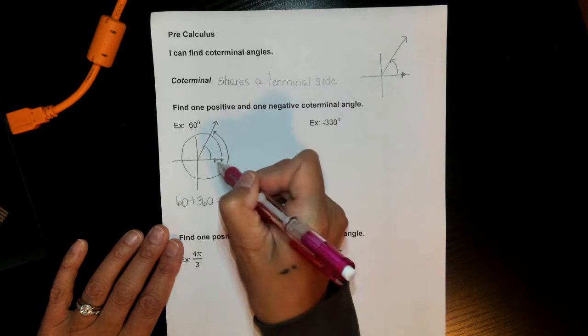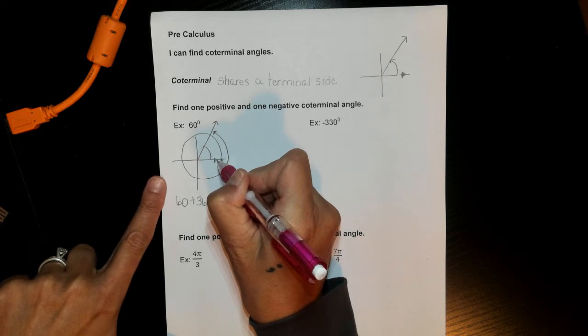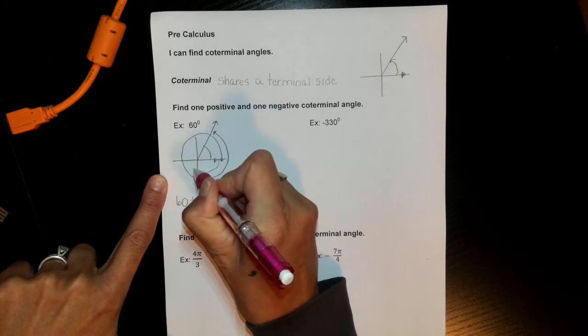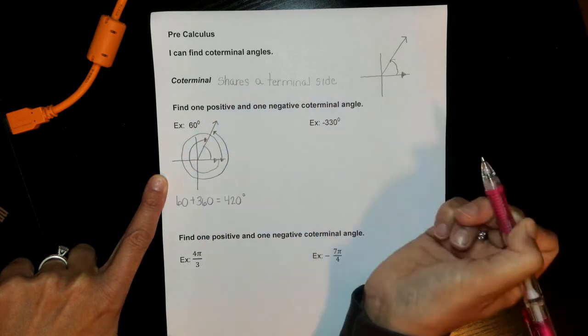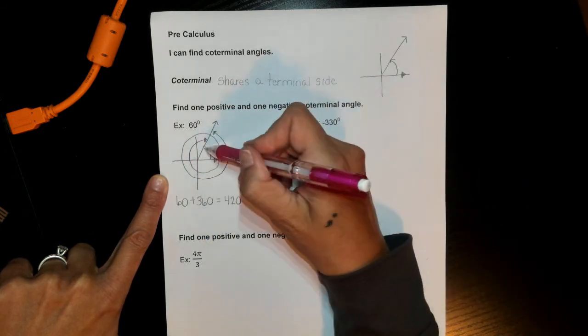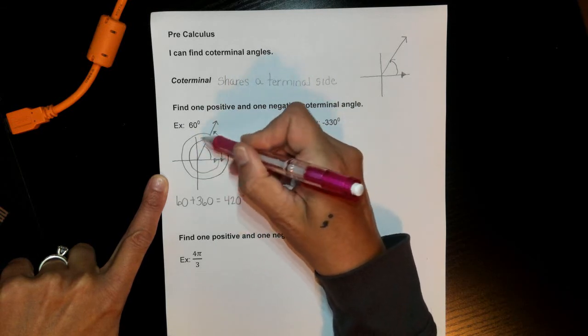Okay, now I'm going to start at my initial side again and go to the terminal side, but I need a negative, so that means I'm going to go down. And I'm going to stop right there. If you look at this closely, your 60-degree angle and your negative coterminal make a complete revolution.